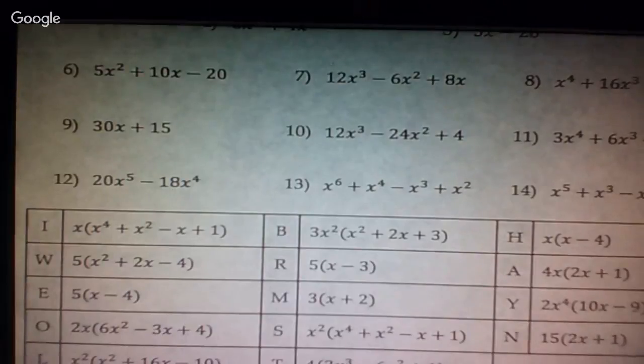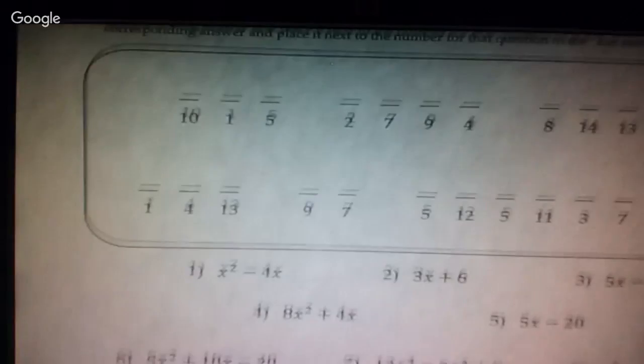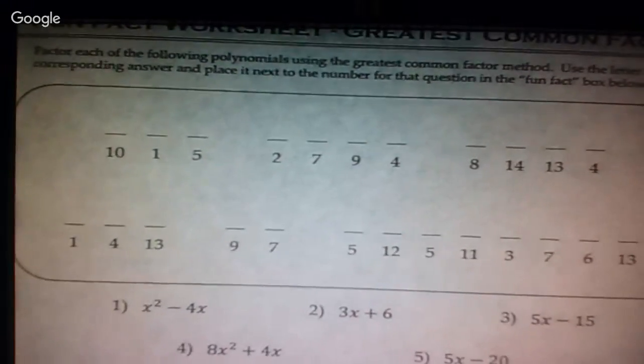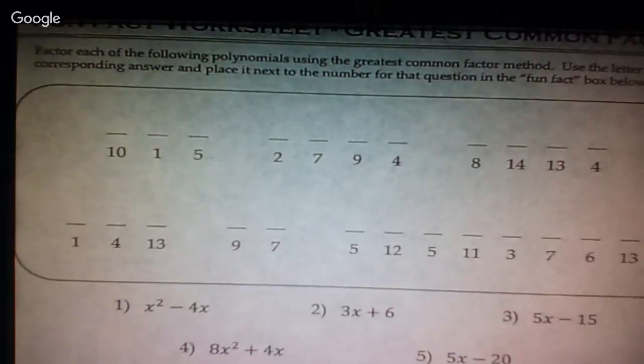And then you're going to go to the top, find the letter, and all your twos, and so on and so forth. And it will give you a fun fact. So I want everybody to work on this by themselves right now. I'll give you probably about 7 minutes or so to work by yourself. And then I'm going to ask you to pair up with somebody and look at your answers versus theirs. And then we're going to go over it.